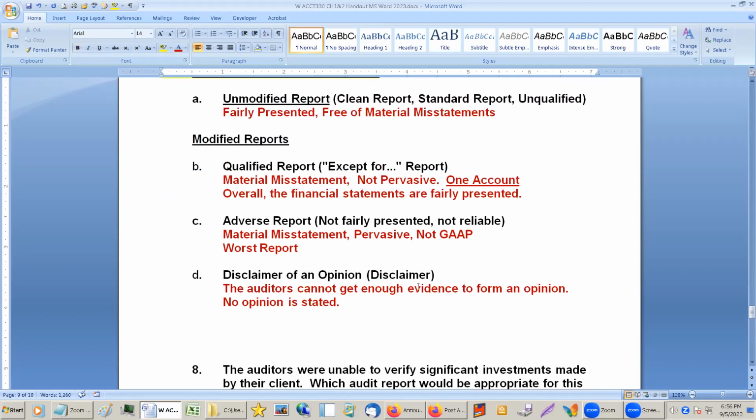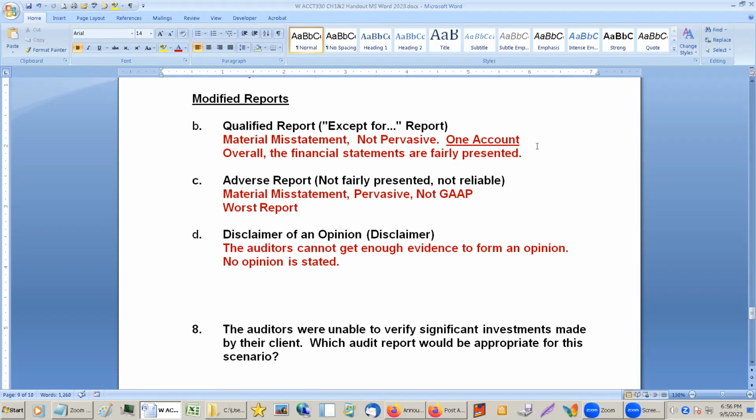So in this opinion, auditors cannot get enough evidence for an opinion. No opinion is stated. And it's a report that simply says we can't get enough information. Okay, now there's one other thing I should have put in here for these, and I'm putting it in now.